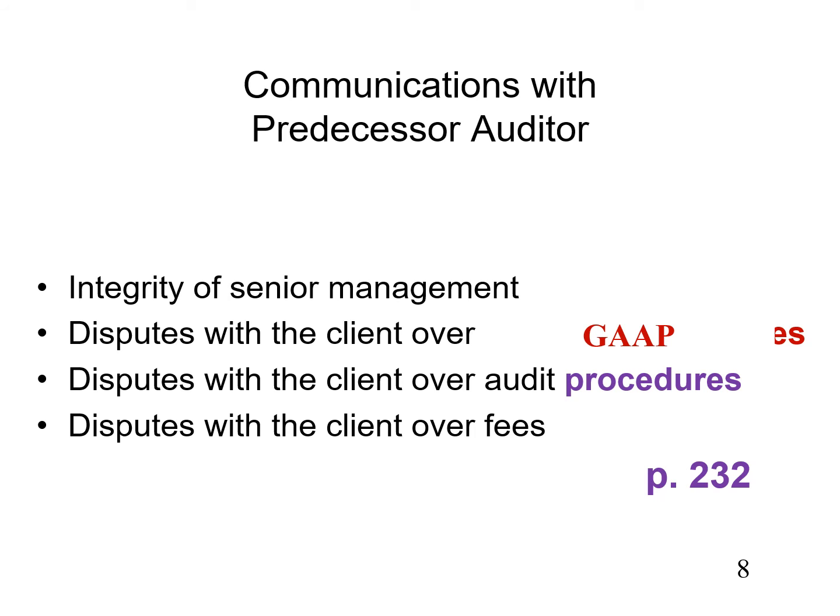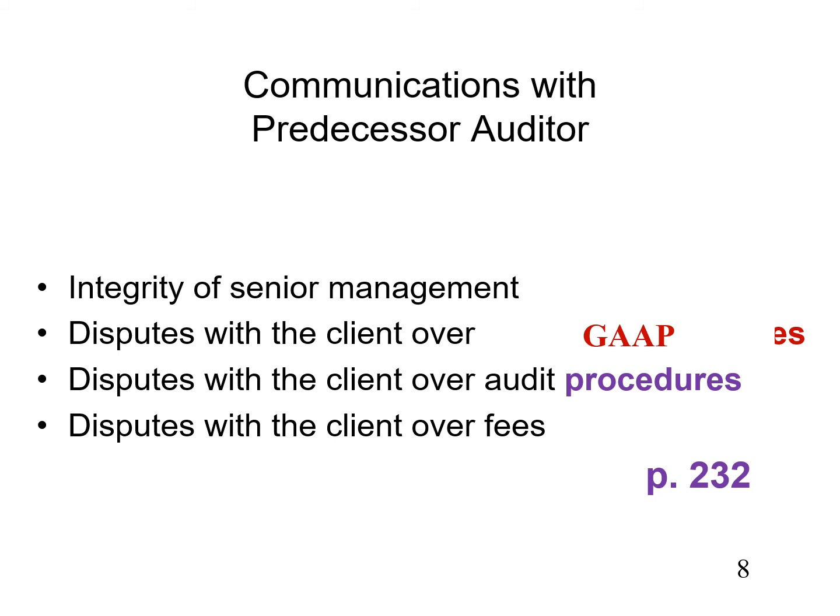Management has to understand GAAP. Management has to interpret and apply GAAP. Is it possible for management to understand GAAP, the auditor understands GAAP, and have a disagreement over the application of GAAP? Yes, it is.